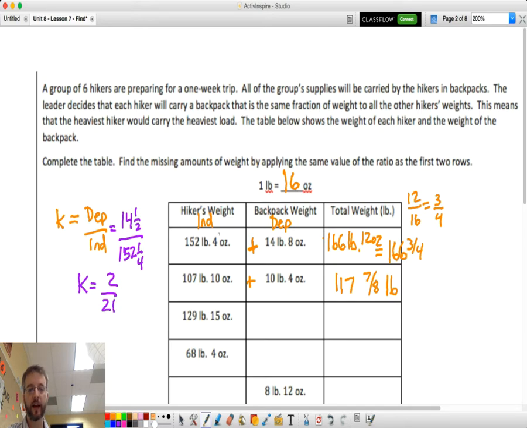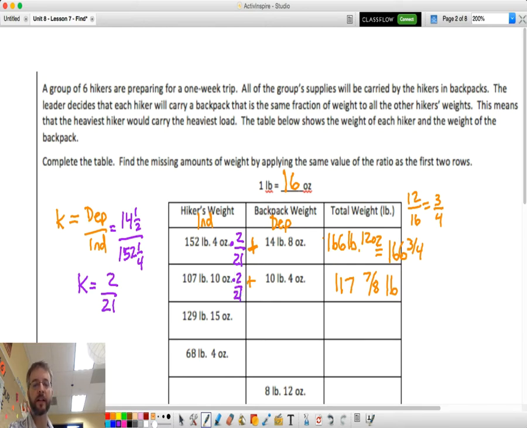That means the hiker's weight and the backpack weight are proportional, because the hiker's weight is being multiplied by K, which in this situation would be 2/21. Let's see if that works for this one. What is 107 10/16? Let's plug that into our calculator times 2/21.